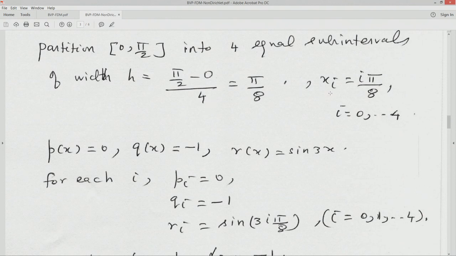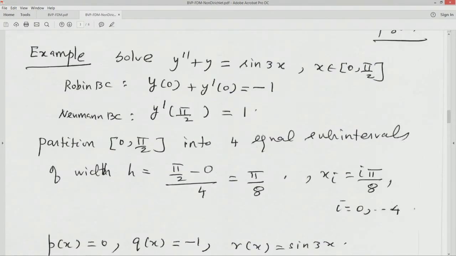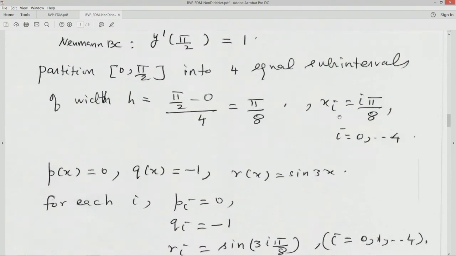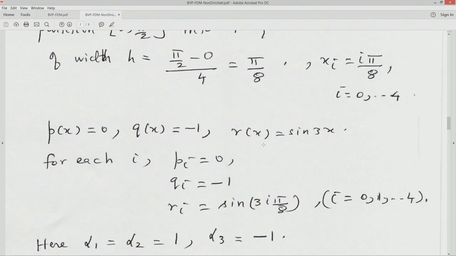So, our xi will be i pi by 8 because x naught is 0 and i will vary from 0 to 4. Let us find out what are p of x and q of x and r of x. P of x is 0 and q of x is minus 1 and r of x is sin 3x.